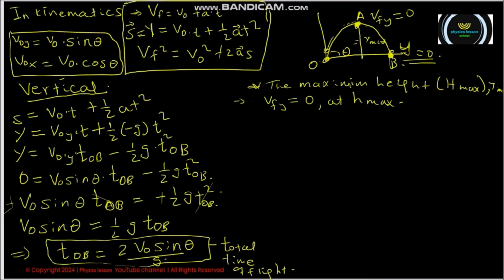We know that in kinematics v final square is equal to v initial square plus 2as. This is kinematics. Let us convert it to our case.